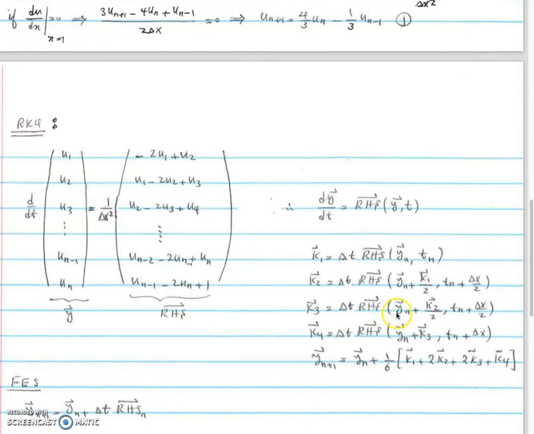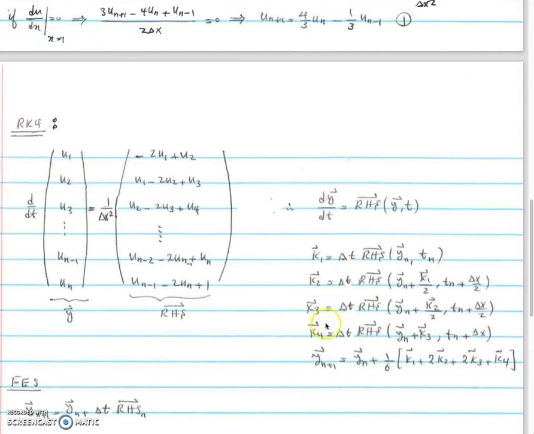k3 is del t times the right-hand side evaluated at y(n) plus k2 over 2, and time equal to t(n) plus del t over 2. Again, there's a typo. This should be del t over 2. And then k4 is del t times the right-hand side at y(n) plus k3, which we calculated before, and time equal to t(n) plus del t. So all these should be del t instead of del x.